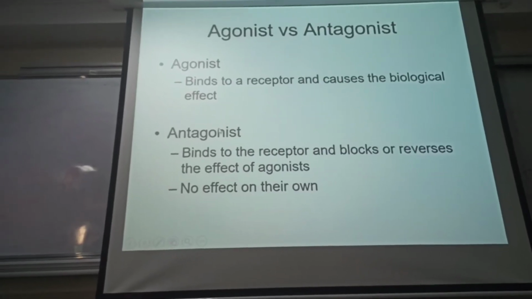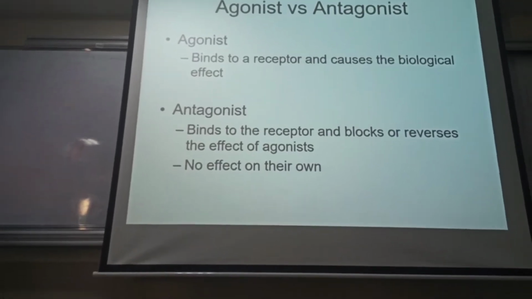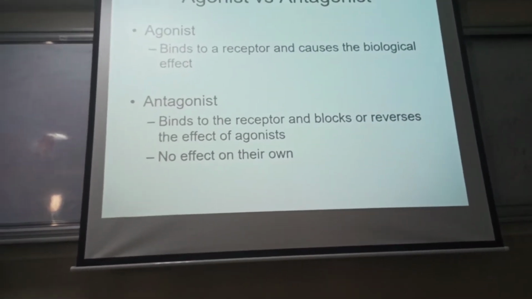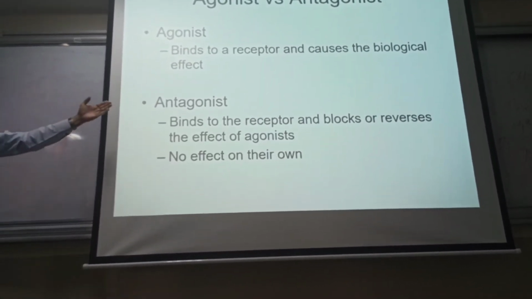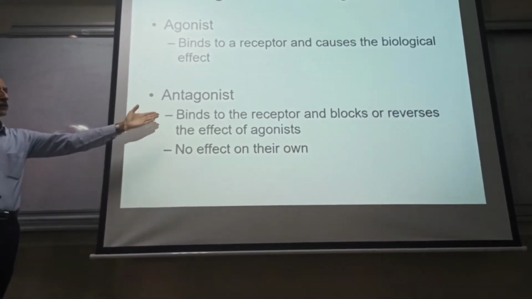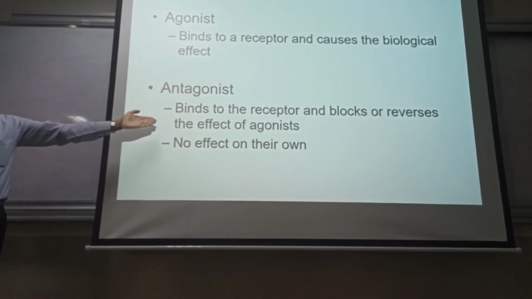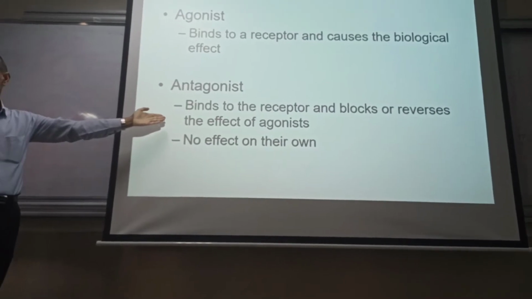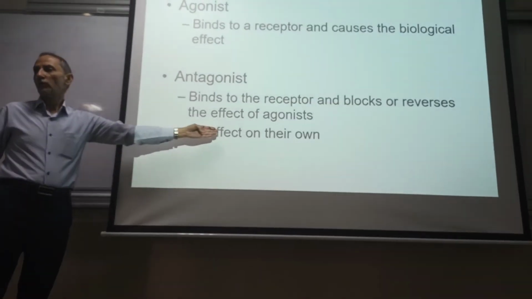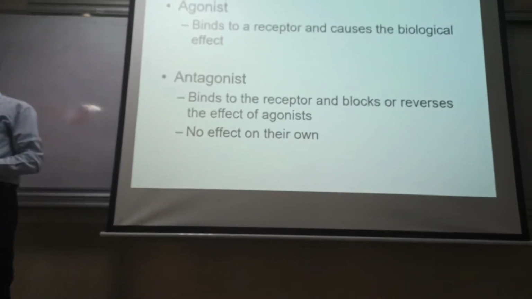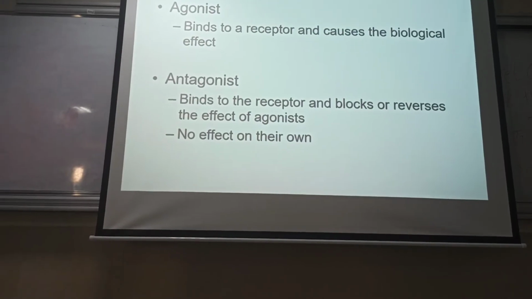Here you see that an agonist binds to a receptor and causes the biological effect, while an antagonist binds to the receptors and blocks or reverses the effect of the agonist. They have no effect on their own. So antagonists have no effect by themselves.